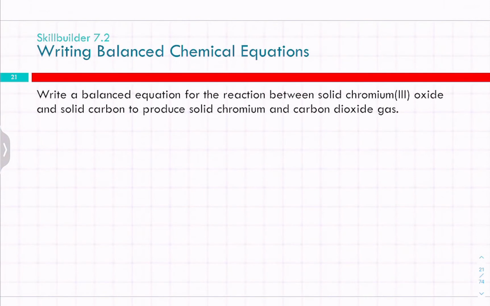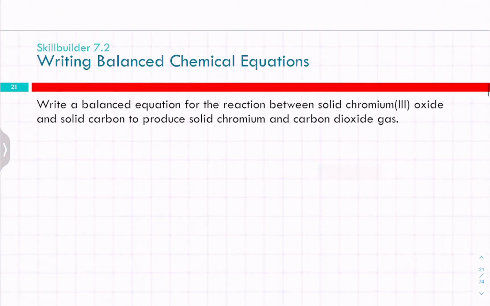All right, so I want to write a balanced equation for the reaction between solid chromium oxide and solid carbon to produce solid chromium and carbon dioxide gas. So this is why we did nomenclature. I'm going to highlight here the compounds that we're looking at.